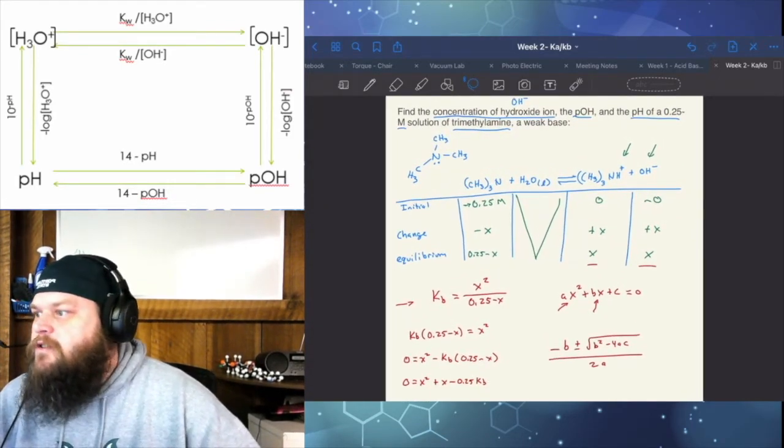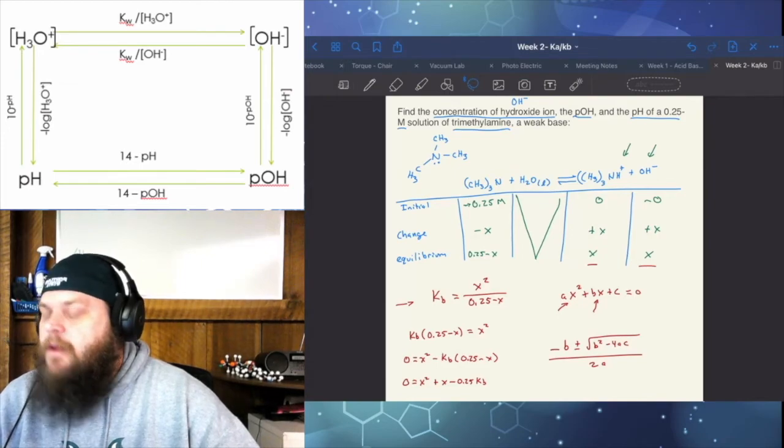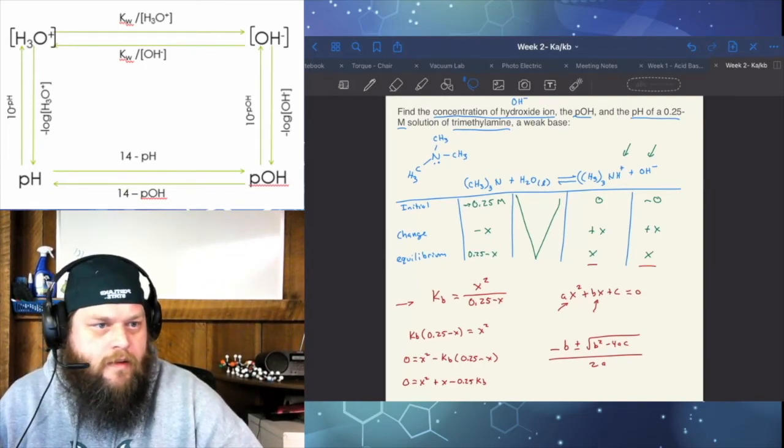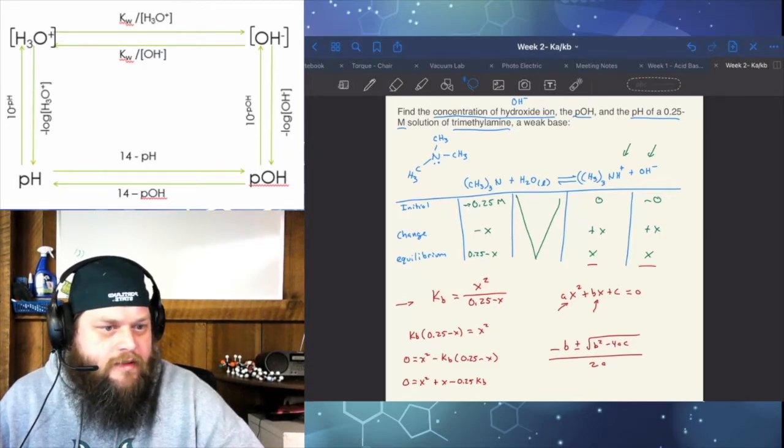I feel like we want to jump over and look up our value for Kb to find that x. Let's try looking up dimethylamine. There we are. That's dimethylamine. I was looking at the Kb table to see if we have a value for Kb so I can find those concentrations.